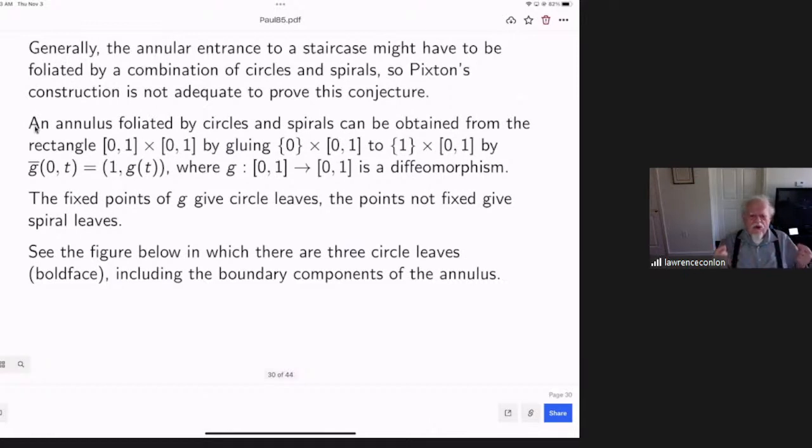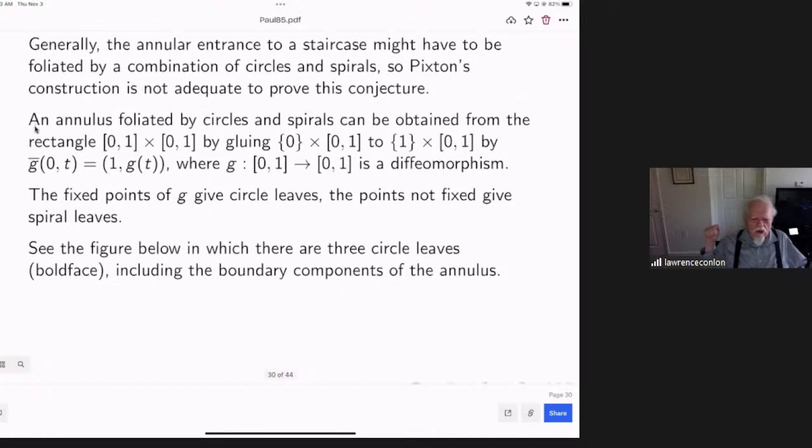So an annulus foliated by circles and spirals can be obtained from a rectangle with the product foliation. You go from one edge to the other edge by a diffeomorphism, as indicated. The fixed points of G give circle leaves. The points not fixed give spiral leaves. So look at the figure below.